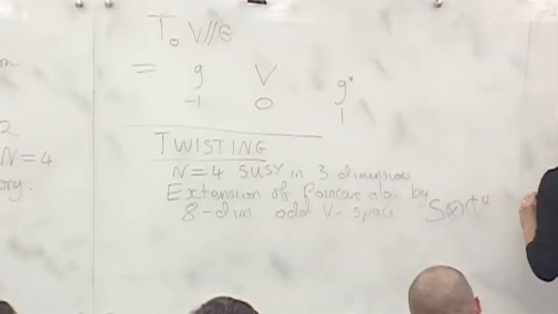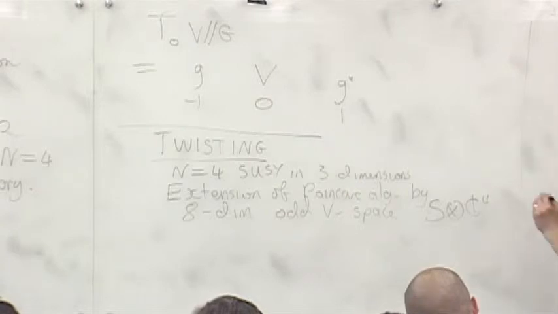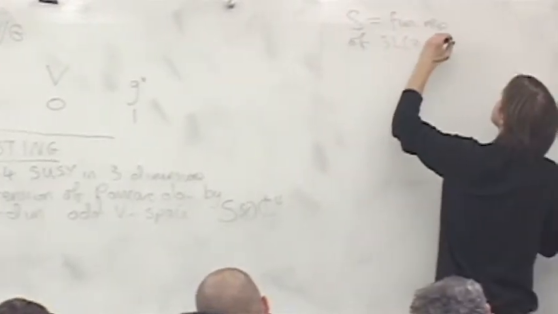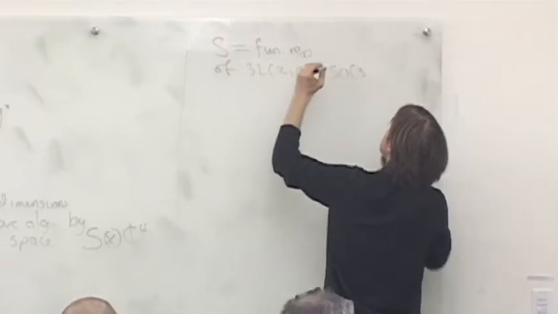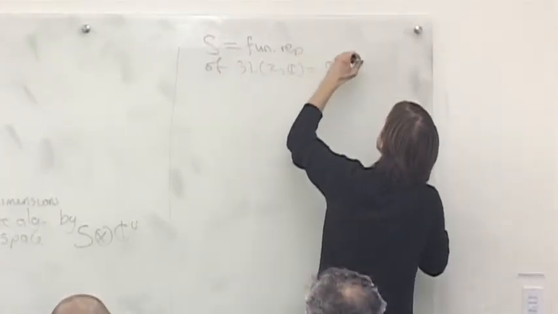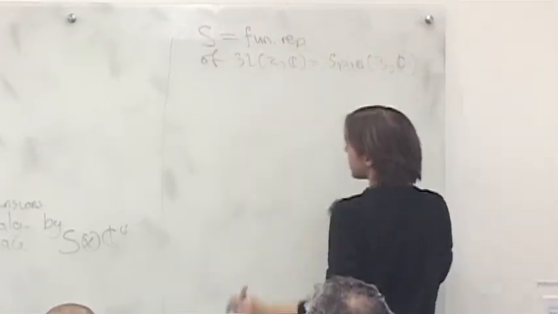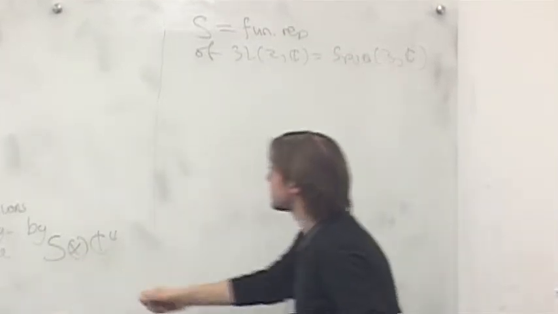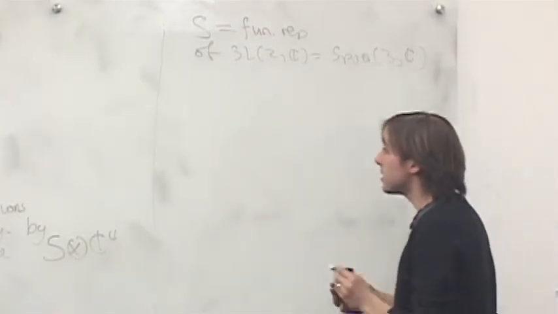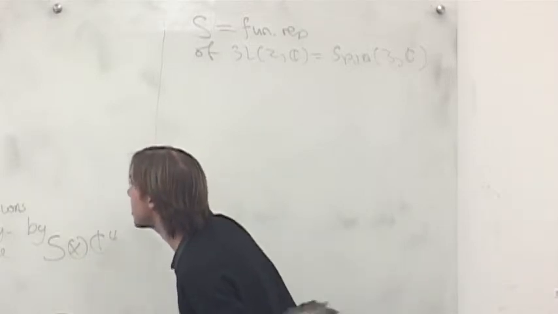What's S? S is the fundamental representation of SL2, which is the same as Spin 3. There's a unique spin representation of Spin 3, so 4 copies of this gives you the N equals 4 supersymmetry algebra, the fermionic part.